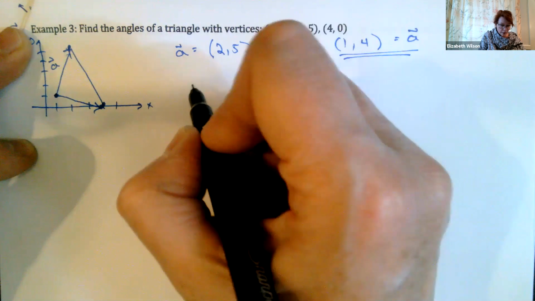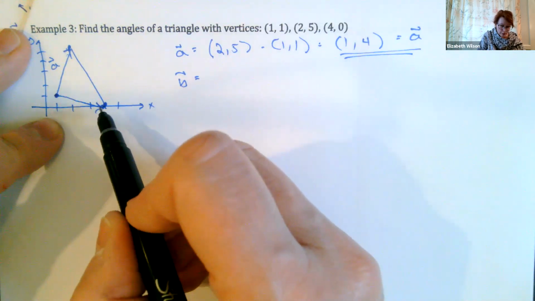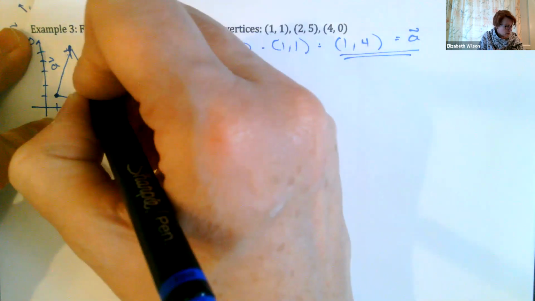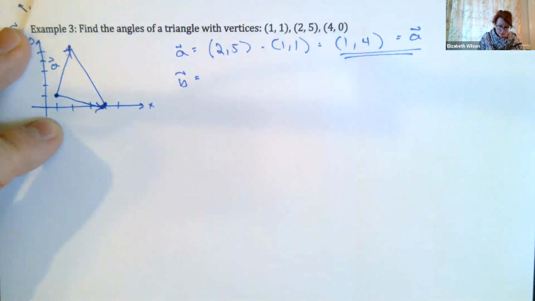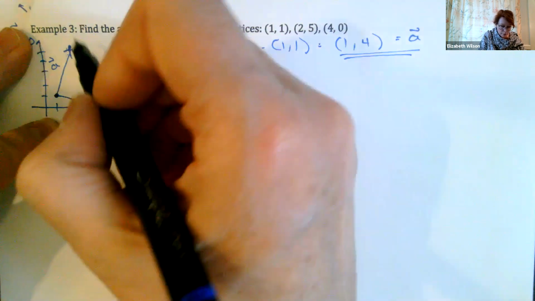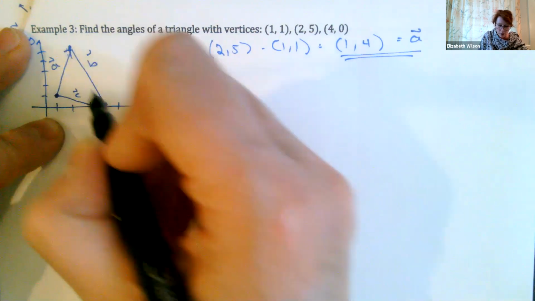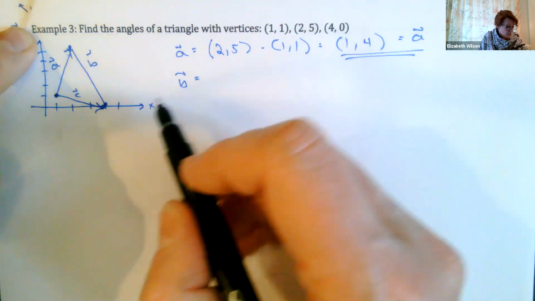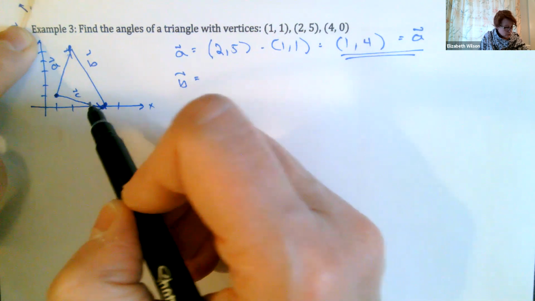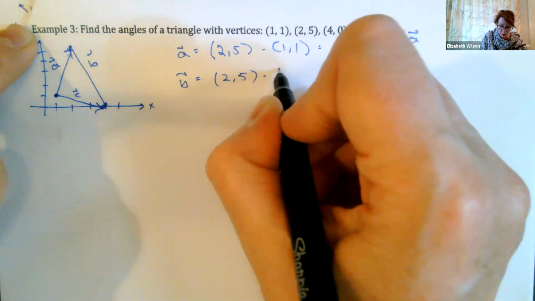I'm going to do the same thing for B. It looks like I went this way, from (4, 0) to (2, 5): terminal minus initial, so (2, 5) minus (4, 0).